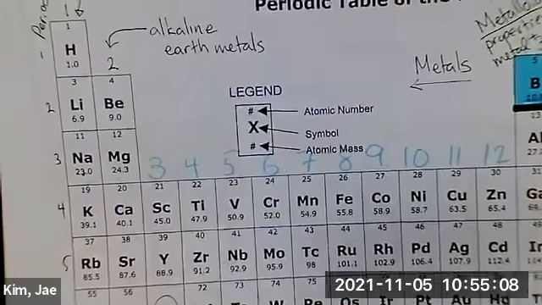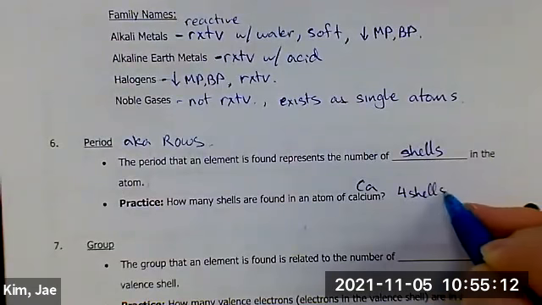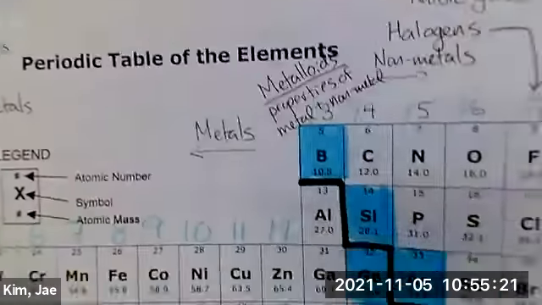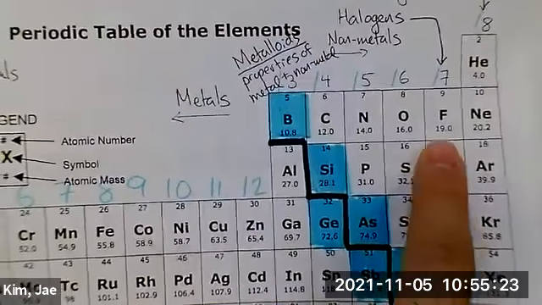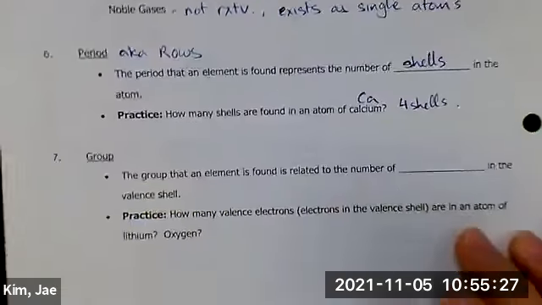Bam, already you know that there's going to be 4 shells. What about fluorine? Fluorine is here. It is in the 2nd row. It's going to have 2 shells. All right, that's how you know.